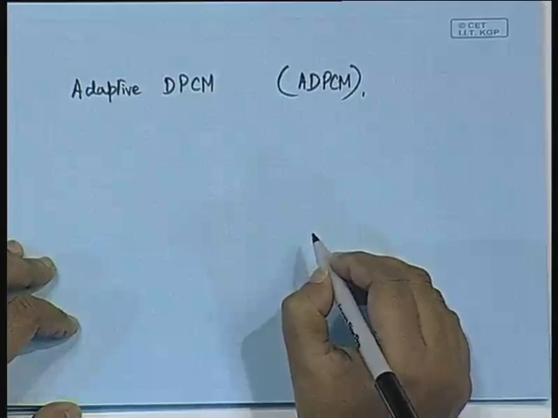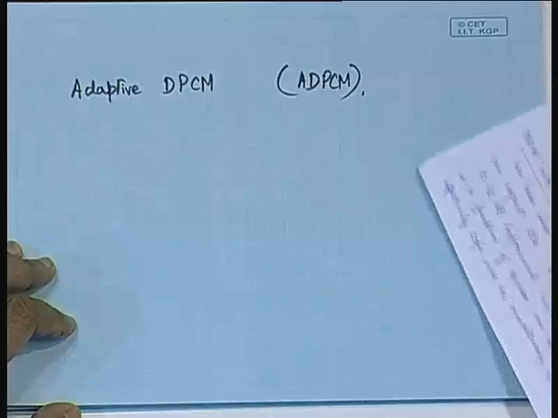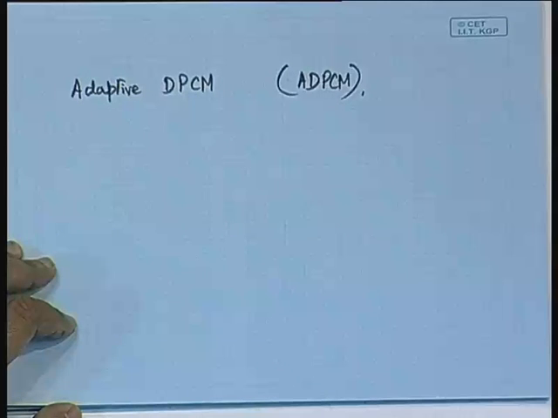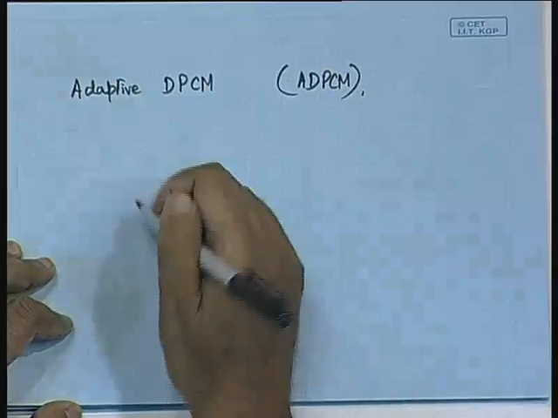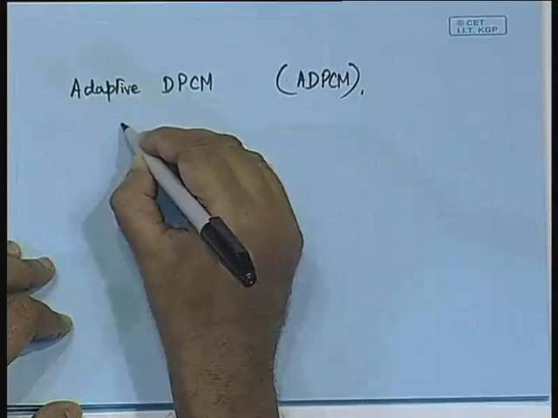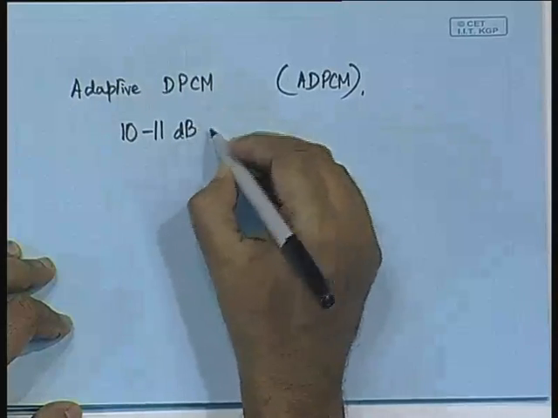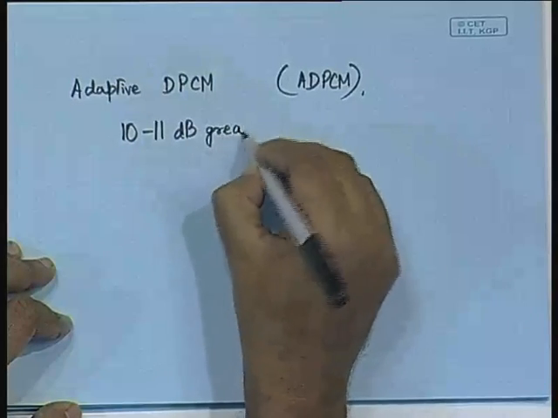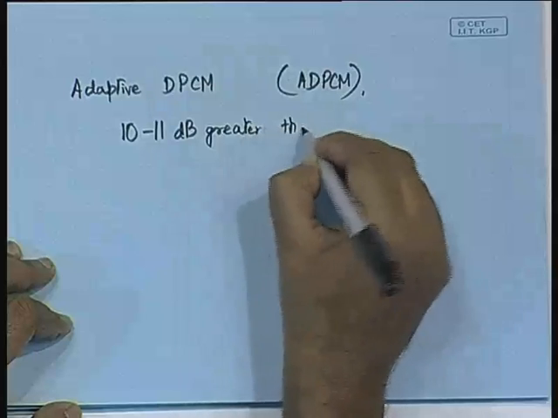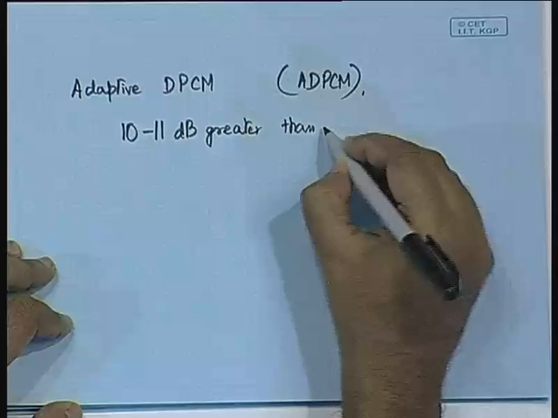And it is seen that the adaptive DPCM's gain happens to be 10 to 11 dB greater than what could be achieved with a fixed quantizer.